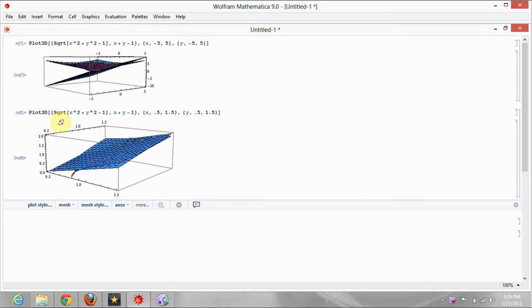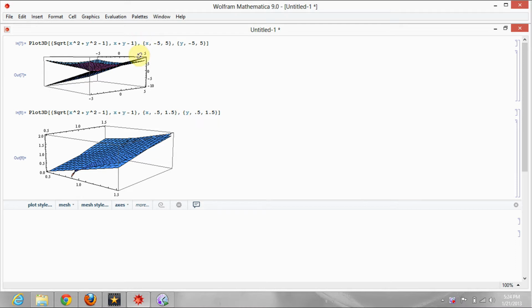And in this example, we are plotting the function square root of x squared plus y squared minus 1. So remember, in the lecture, we actually looked at x squared plus y squared minus z squared equals 1. So I solved that for z and plotted that function, and also plotted the plane x plus y minus 1, which is the plane that we calculated, 2x plus 2y minus 2z equals 2, also solved for z.